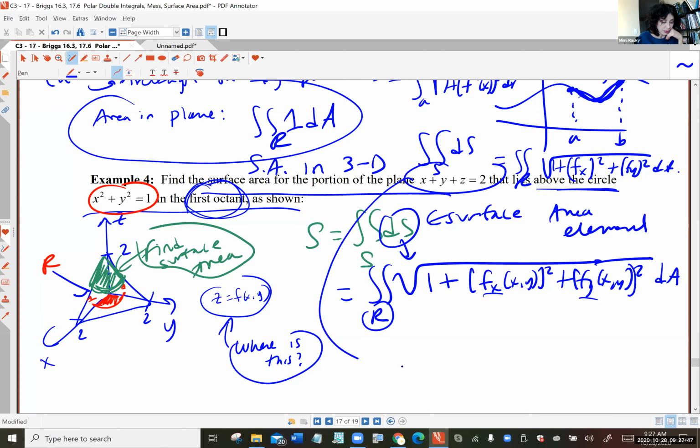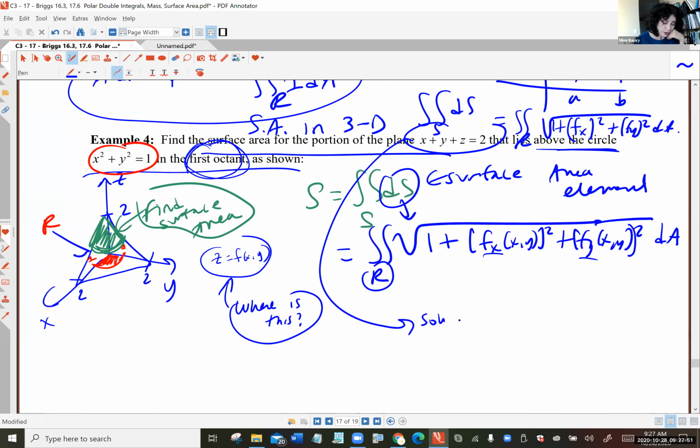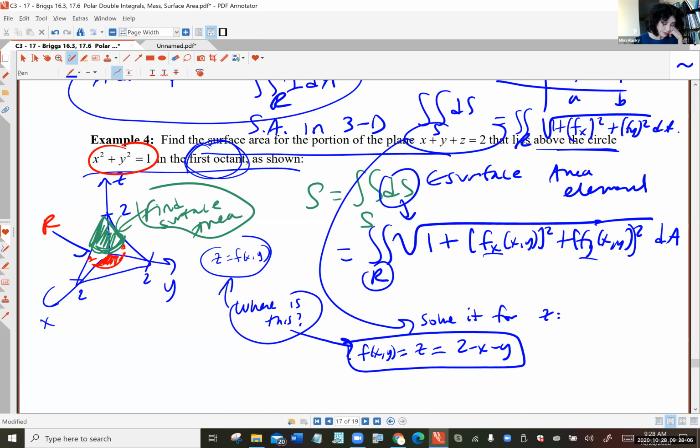You're going to take your plane equation, because that's the surface you're trying to find surface area of, and you solve it for z. And that's not too hard here. If I subtract x and y from both sides of the equation, voila, there's my z, which I can rename f of x, y, because they're the same thing. Okay? So it's your plane equation.